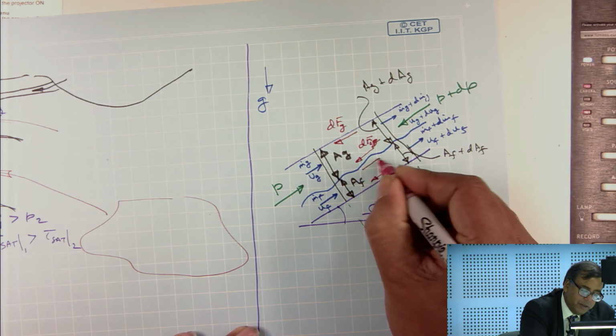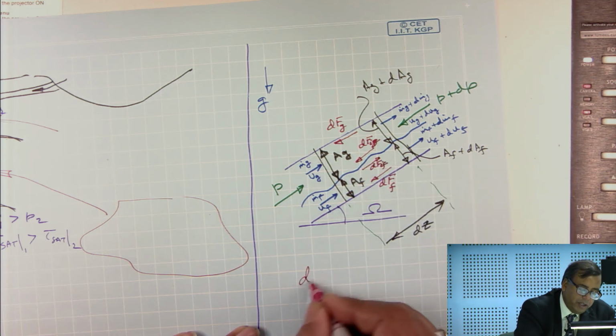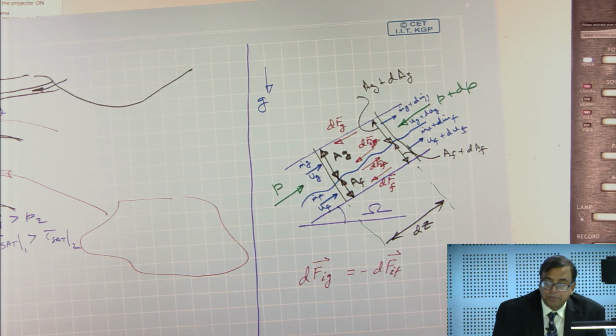So, that would be dF_If, and typically your dF_Ig should be equal to negative of dF_If, is not it, under equilibrium conditions. All right.